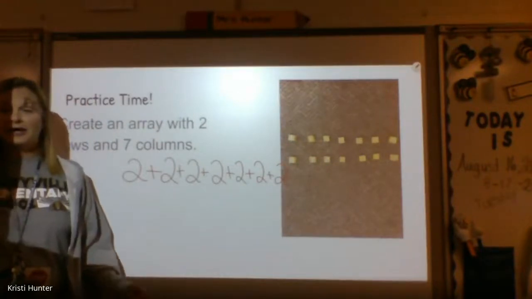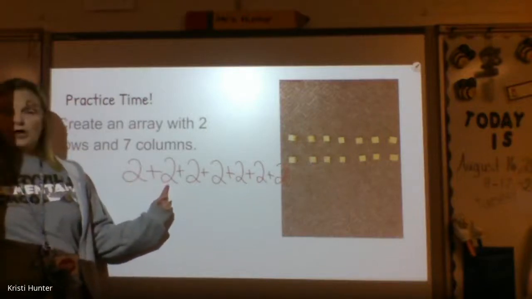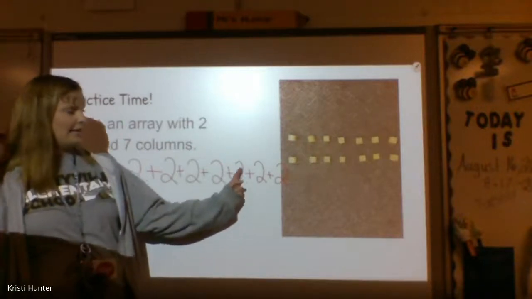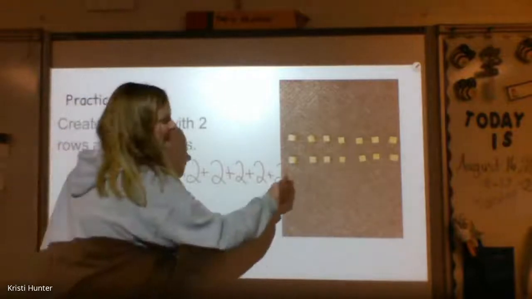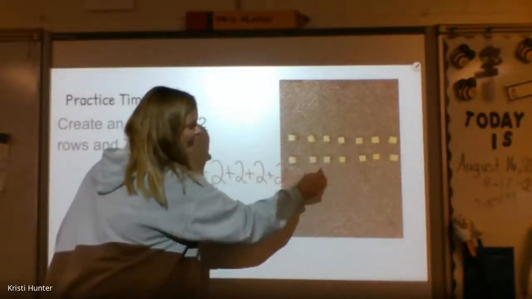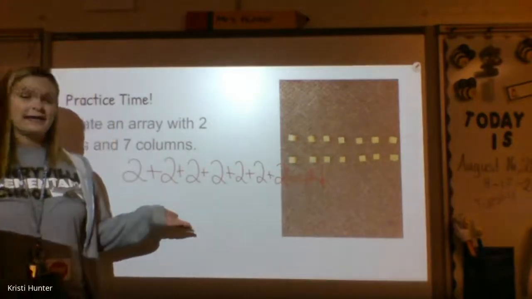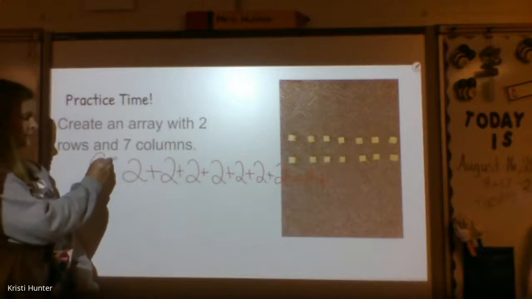Ready? Help me count by our 2s. 2, 4, 6, 8, 10, 12, 14. There are 14 of your items in this array. That's the number of columns.